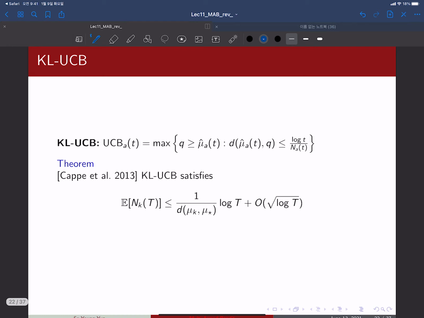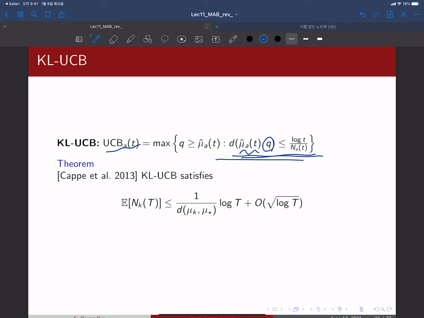KL-UCB is the well-balanced scenario. So here we set the upper confidence bound using this slightly more complicated rule. Using the empirical mean, we find the Q value that has this KL divergence with mu hat, and play with the upper confidence bound defined by this.